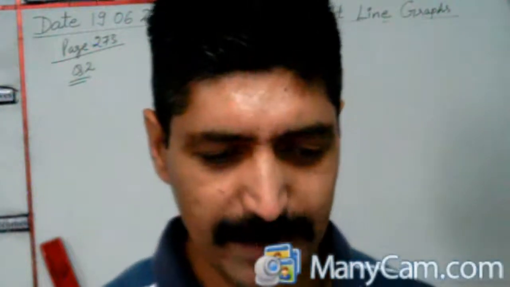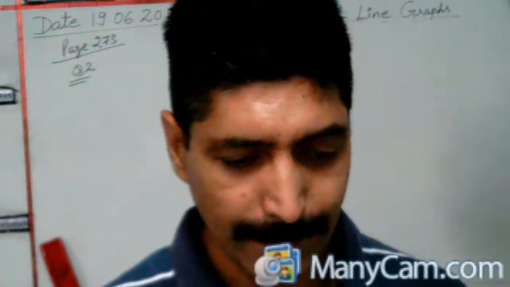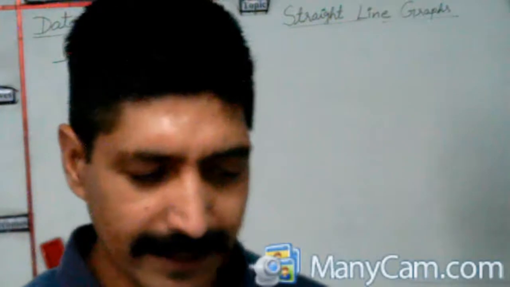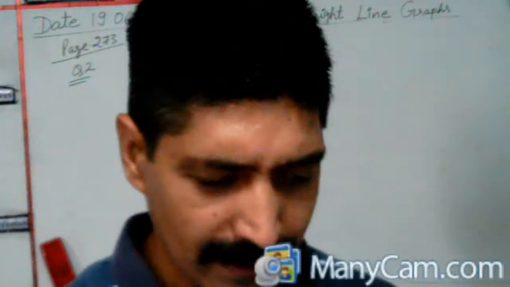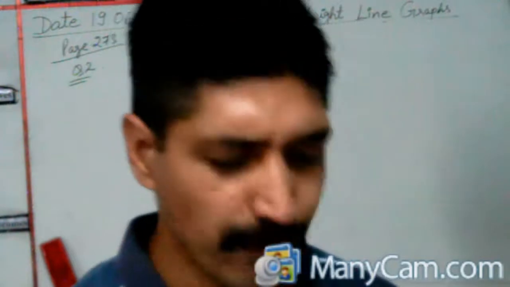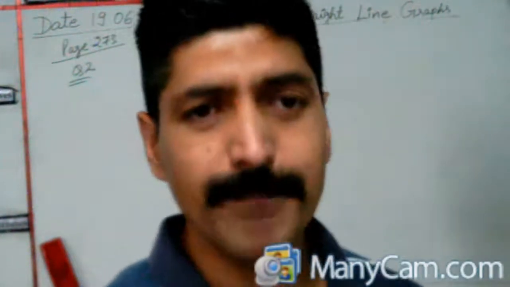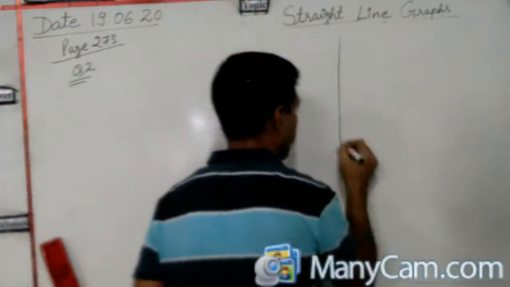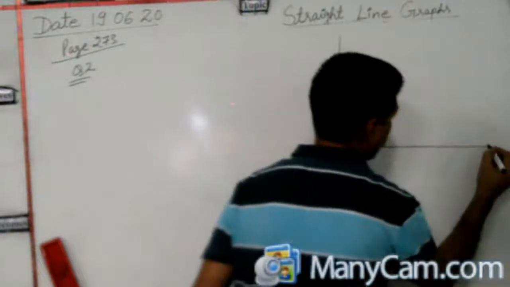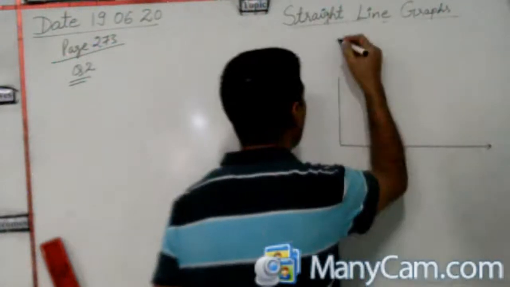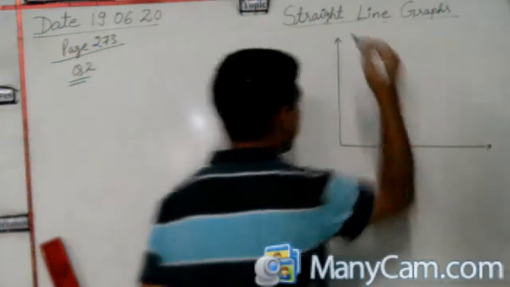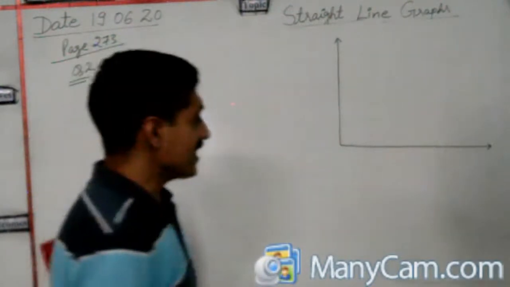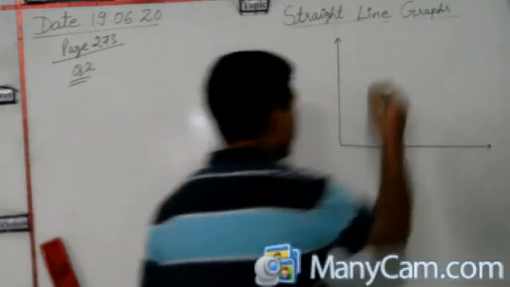Coordinates of A, B are given, and we have so many points, and we have to calculate the gradient, the equation of the line, and the coordinates of points C and D. So many parts we have. Let me draw. We have the x-axis, y-axis, and the coordinates of the square, the square is in this way.